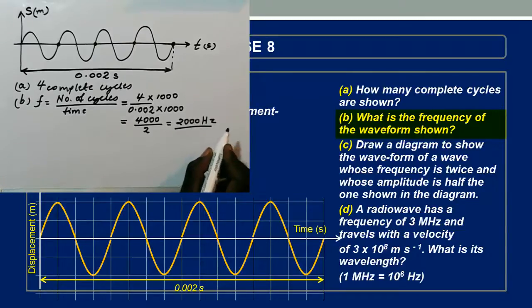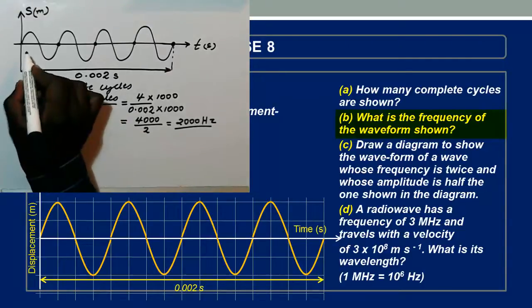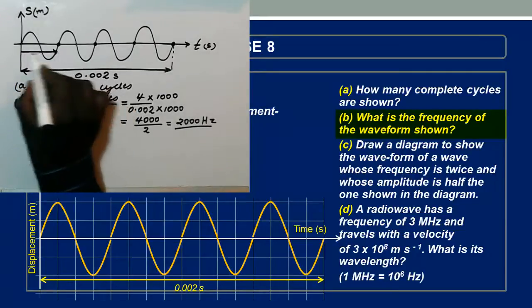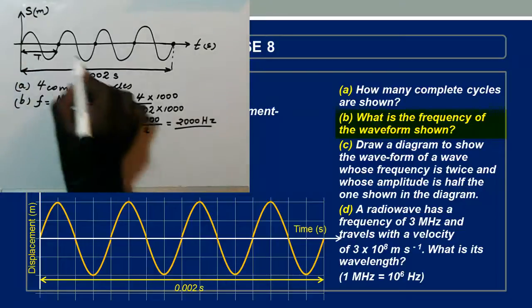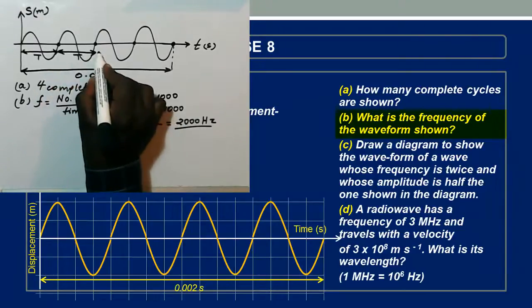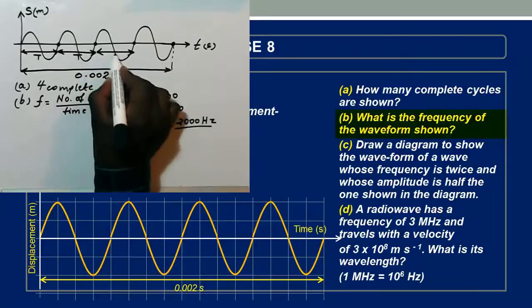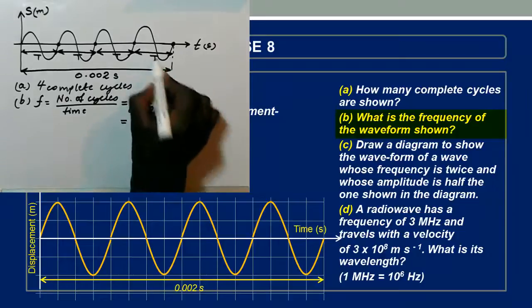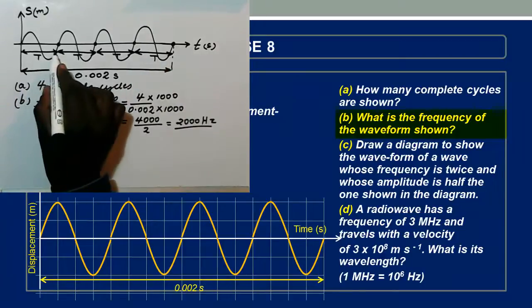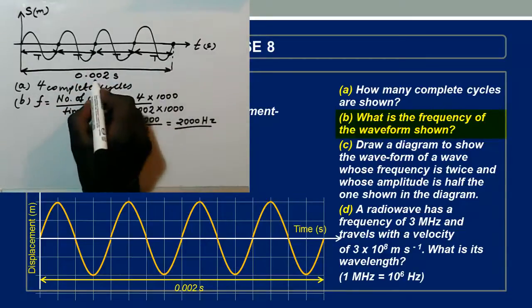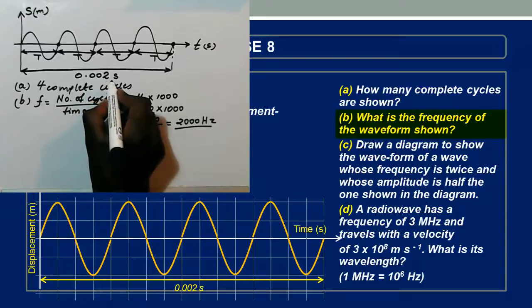Now, is there another way that we can use to get the frequency? Of course there is. The time taken to make one cycle is referred to as periodic time. So we've got the first periodic time, another one, the third periodic time, T, and the fourth periodic time, T. If we do T plus T plus T plus T, 4 times, we are going to get 0.002 seconds.